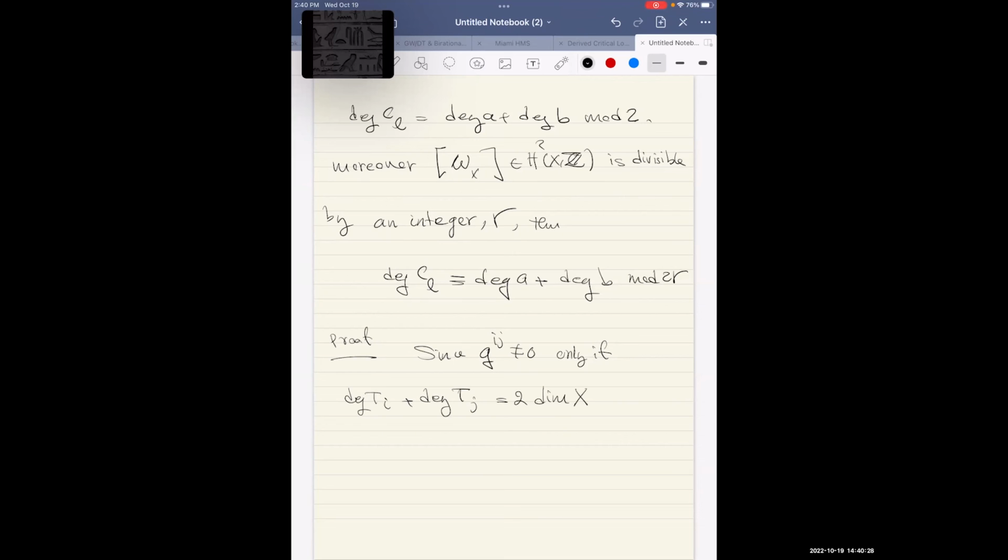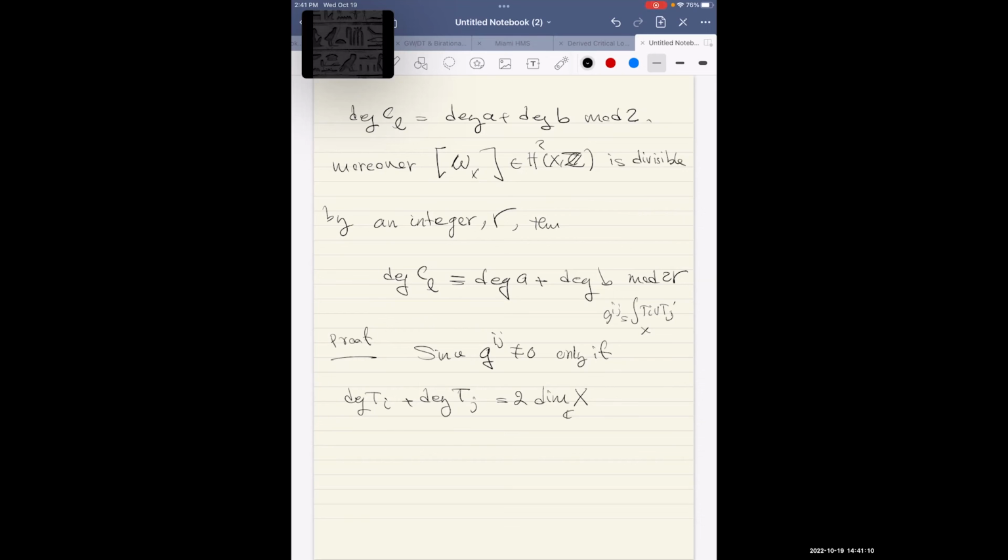Otherwise, because Gij is the intersection product, the only way you can get non-vanishing is if you have some non-trivial intersection. Gij is by definition Ti cup product with Tj over X, where this is the complex dimension of X. If these do not add up to the dimension of X, which is 2 times the complex dimension, then all of the entries of that matrix will be equal to 0.